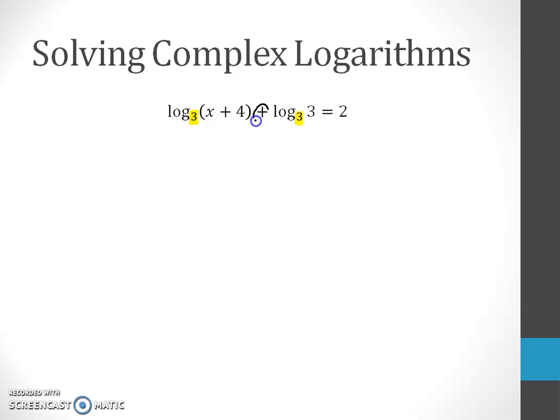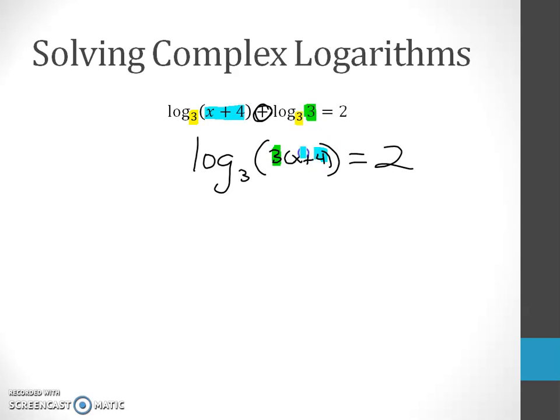Remember, if we are adding, then we would be combining them into a single logarithm under multiplication. Okay, so I can combine those two together because that plus sign in the middle tells me that I'm going to be multiplying those two things together. Okay, and that's from lesson 6.6. We can combine logarithms together like that.